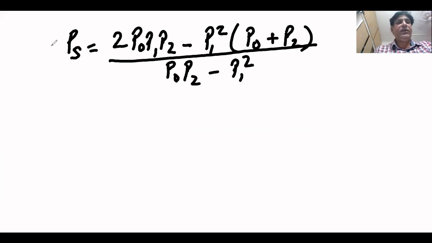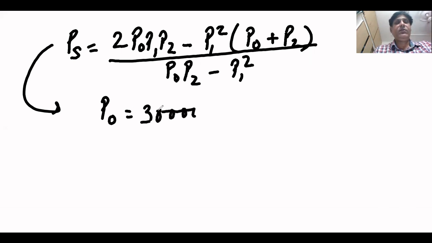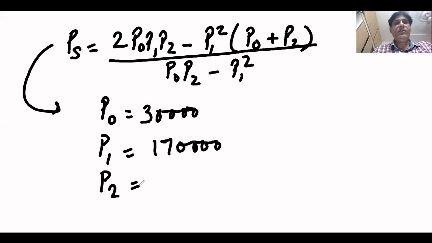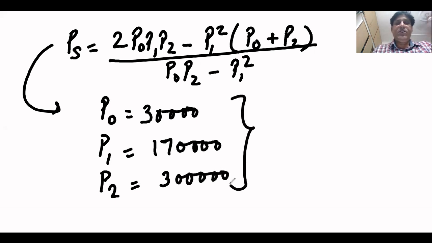Now in this particular equation, you know P0 as 30,000, P1 as 1,70,000 and P2 as 3 lakhs, right? Using these set of values, you need to calculate PS, right?